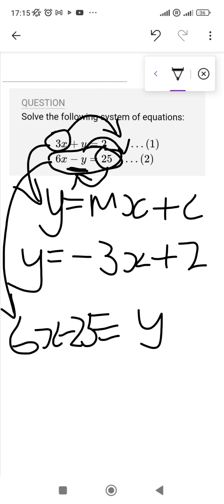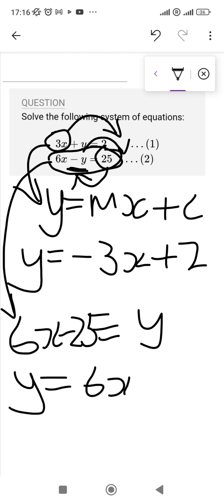Let's just rewrite this. We generally like our subject on our left hand side, so y is the subject of the formula. We want it in terms of y equals. So this is y equals 6x minus 25.